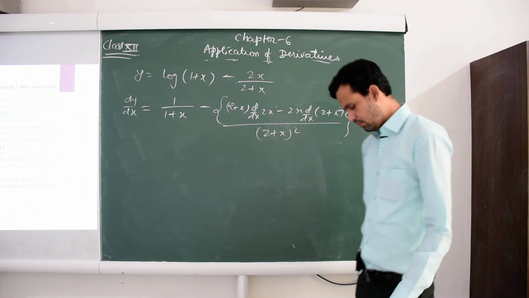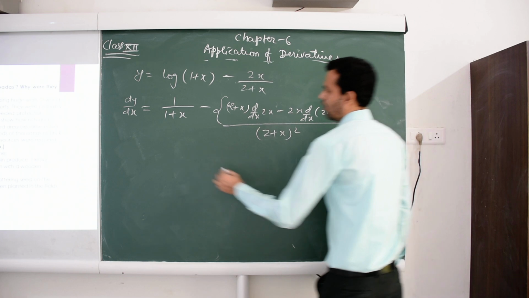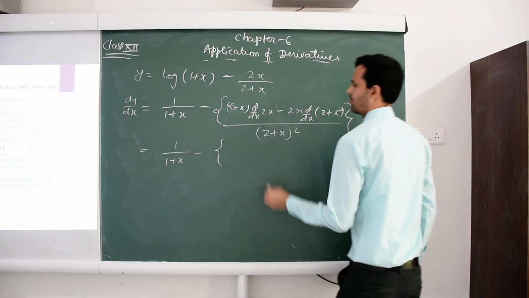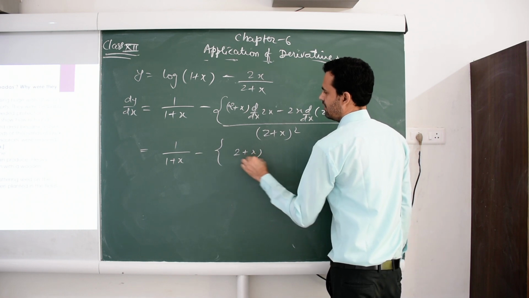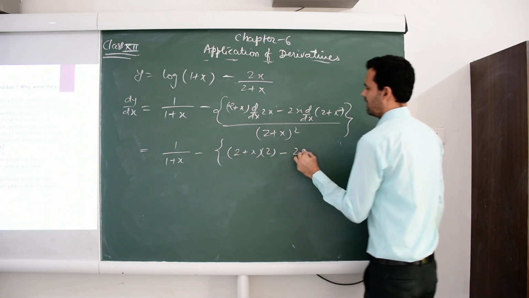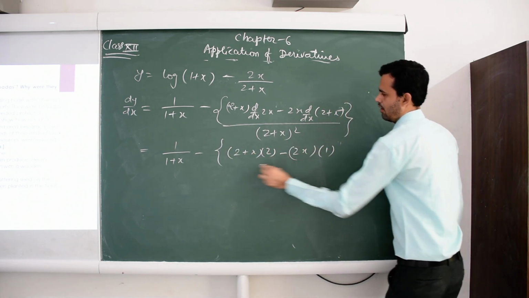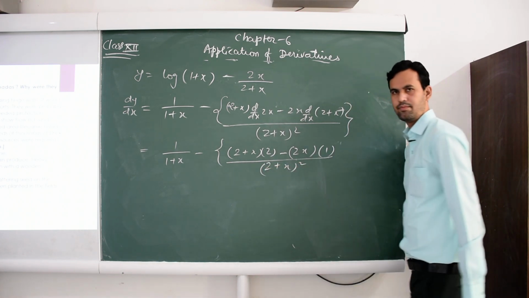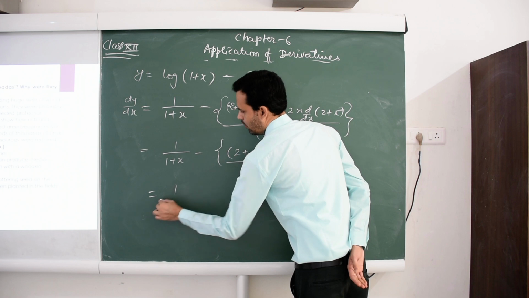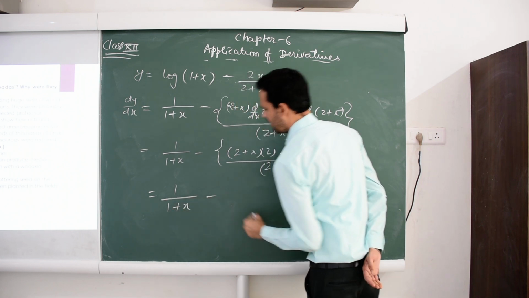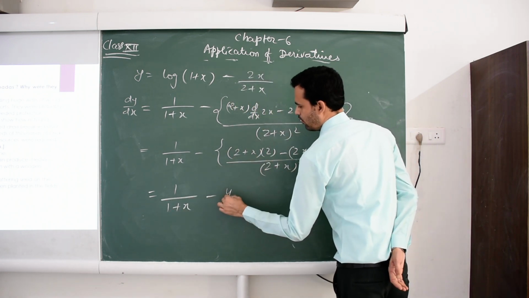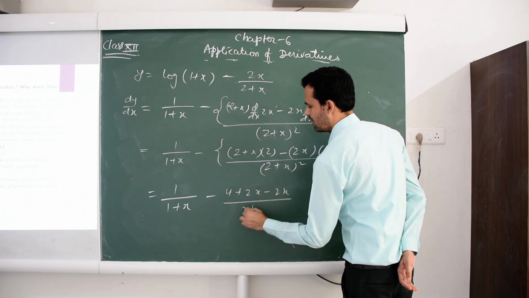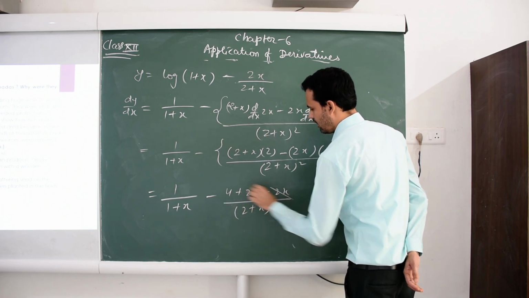Okay, so 1 upon 1 plus x minus (2 plus x) into 2 minus 2x into 1, upon (2 plus x) whole square, or 1 upon 1 plus x minus (4 plus 2x minus 2x) upon (2 plus x) whole square.